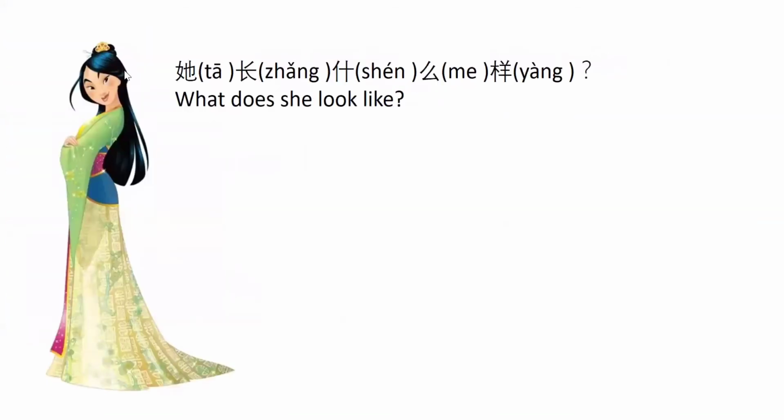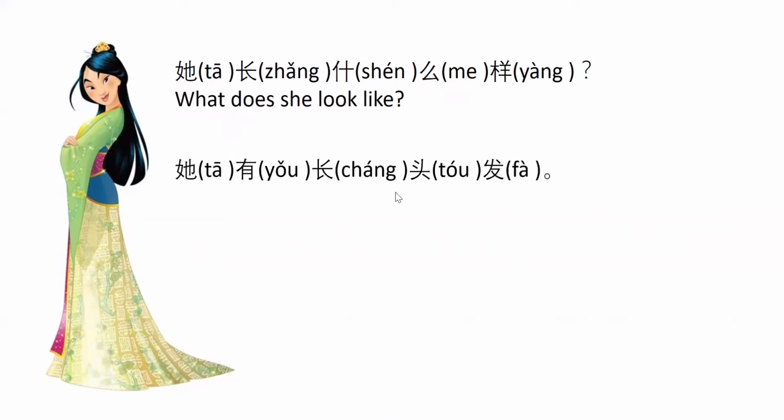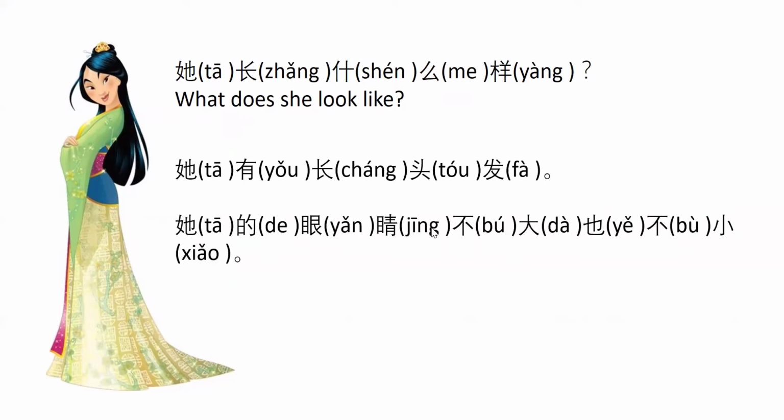Okay, let's look at more examples. This is Mulan. 她长什么样? What does she look like? This time it is she. Now we're going to use the 3 sentence patterns as well. 她有长头发. She has long hair. 她的眼睛不大也不小. So her eyes. This one we didn't cover specifically before. 不 is a negation here, so it's a negative form. 不大 means not big. 也 means also, and 不小 is not small.